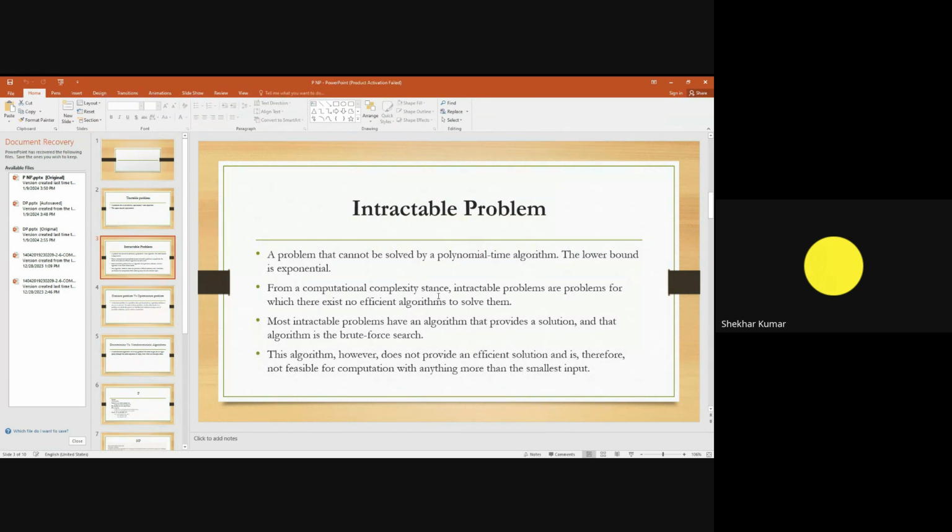We check all the permutations and combinations of the solutions. However, these problems do not provide efficient solutions. Therefore, these are not feasible for computation with anything more than the smallest input, because these are open problems.